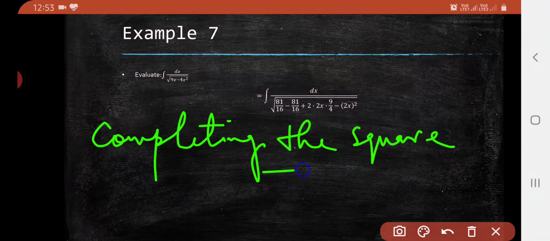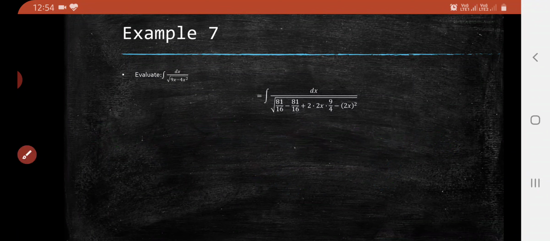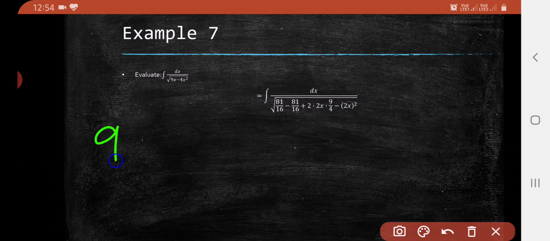This is a technique which we have done when we were doing quadratic equations. So if any quadratic expression is there which is not in a square form, then I first try to add or subtract something so that it comes in the square form. So therefore, see, I was given 9x minus 4x square.